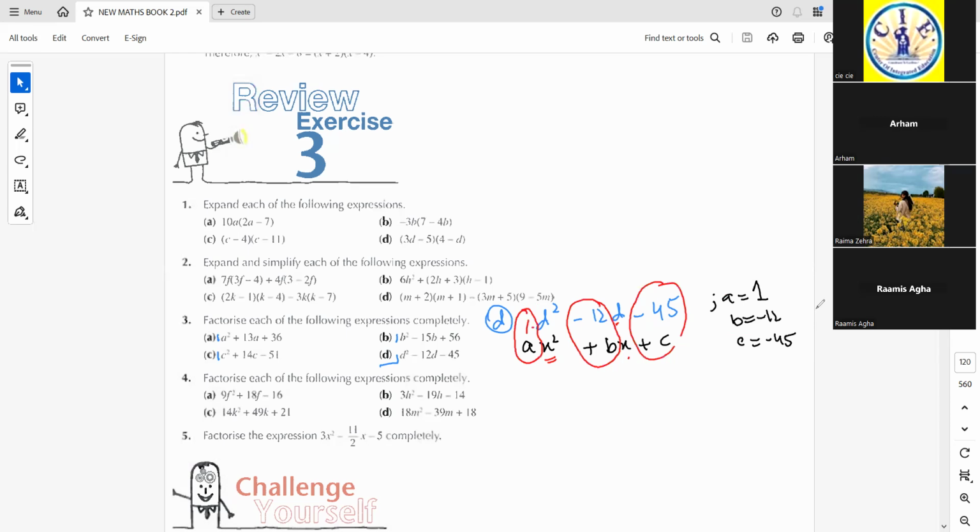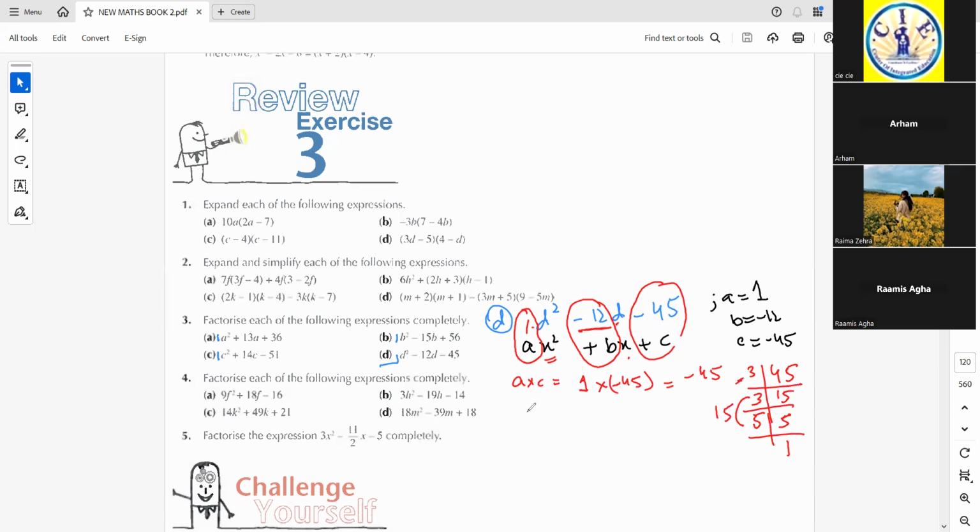Okay, then we need to see A times C, that is 1 times negative 45, which is negative 45. And now we need to have the prime factorization of 45 to have negative 12, when you add or subtract the factors. 5 3s are 15 and then 3.